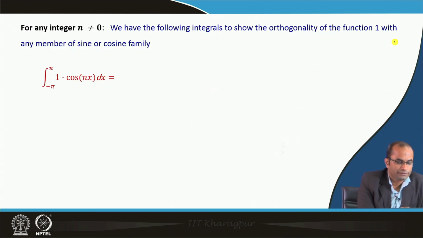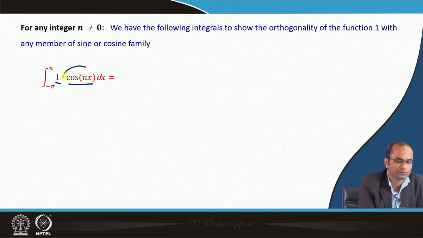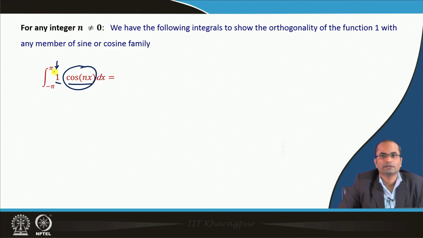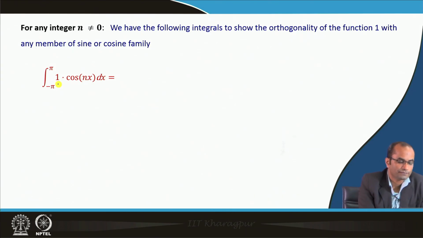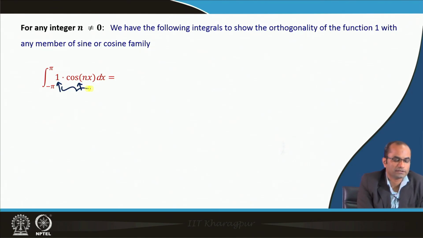So, here if we take 1 and, for instance, cos n x, n could be anything other than 0, because if n is 0, this is going to be 1, which is the same member we would be making the product with. So, we are avoiding the same member here; this is one member and this is another member of this trigonometric system. If we integrate from minus pi to pi, the product is just cos n x.